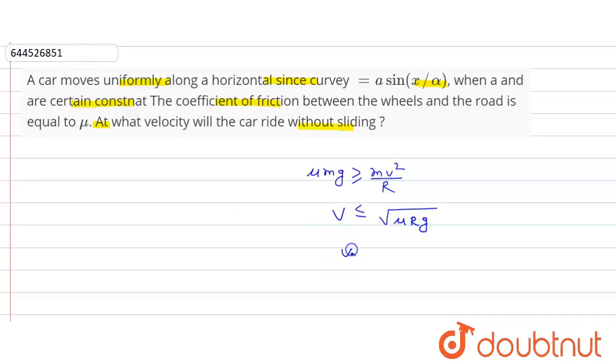So v max is equal to the square root of mu into r minimum into g.